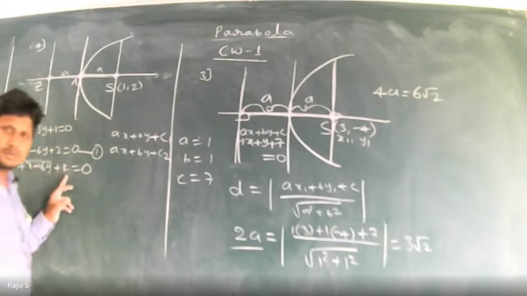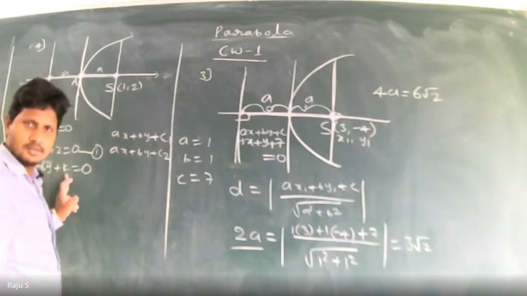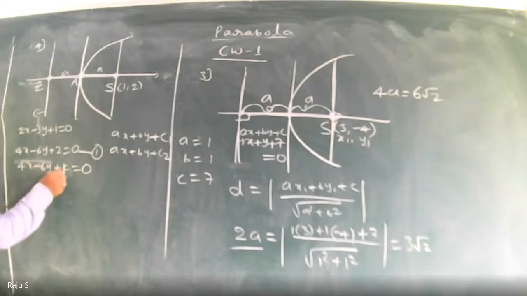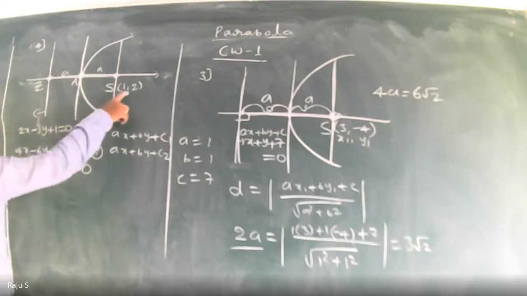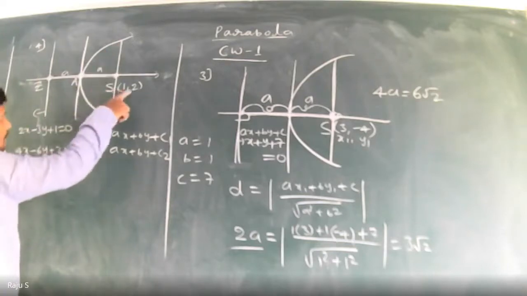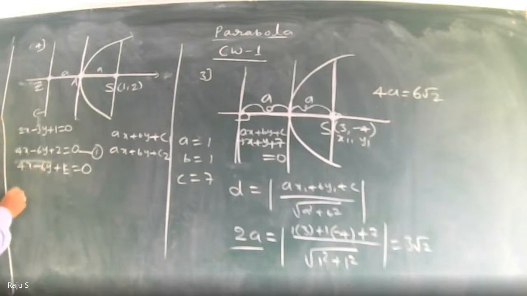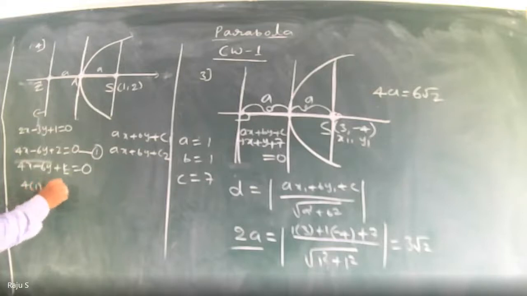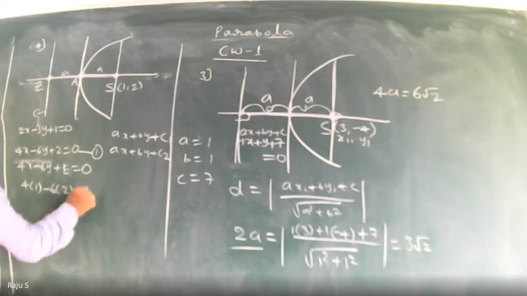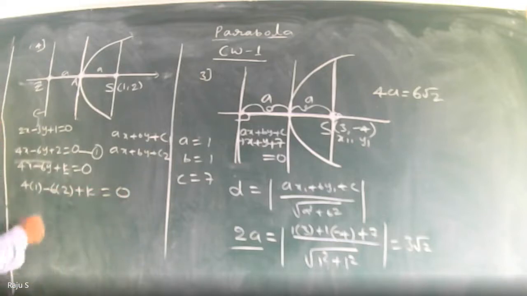Only the constant changes. To find k, the latus rectum passes through 1 comma 2, so substitute: 4 into 1 minus 6 into 2 plus k is equal to 0. From this, k is 12 minus 4, that is 8.